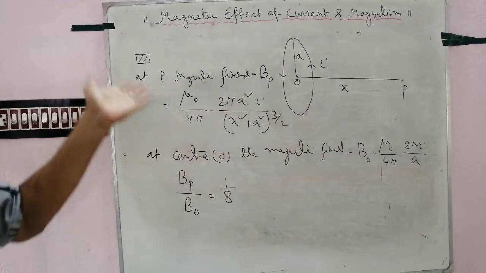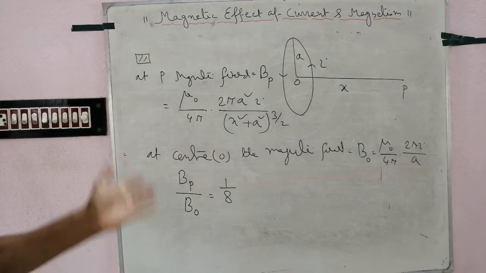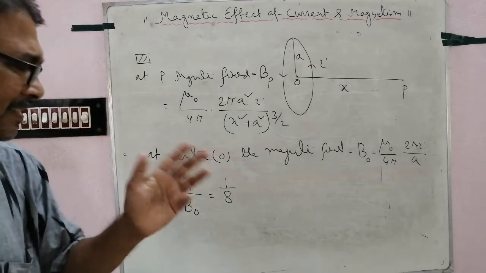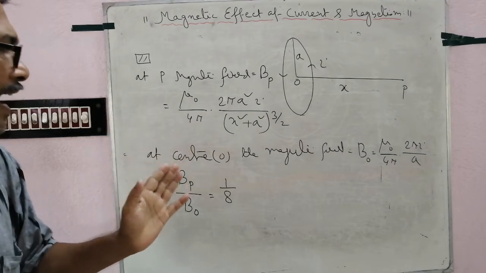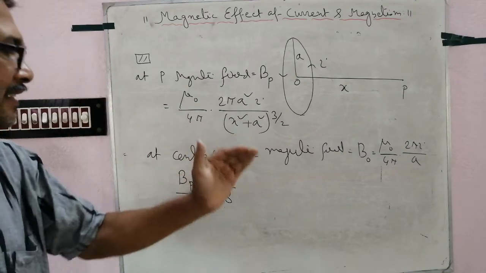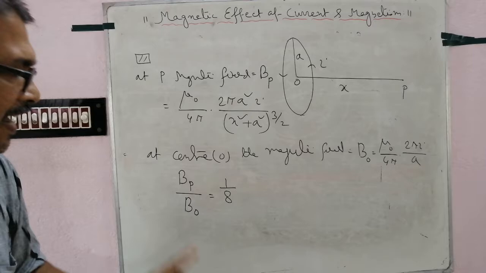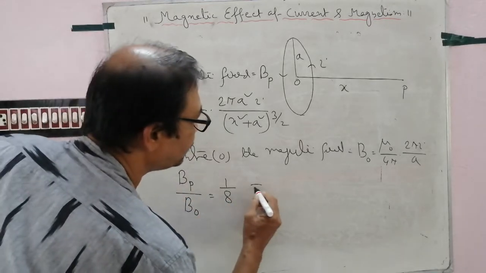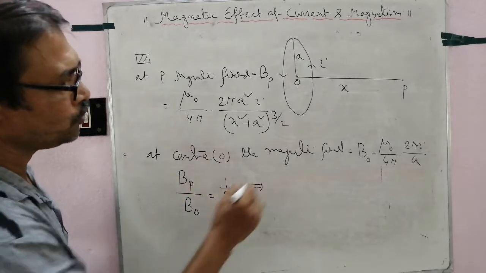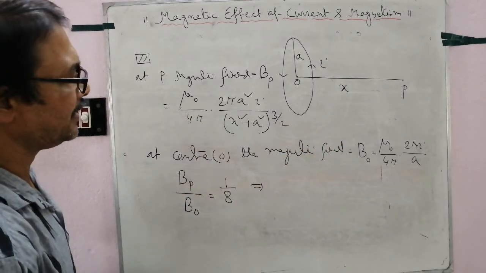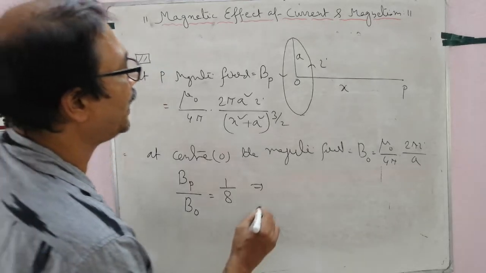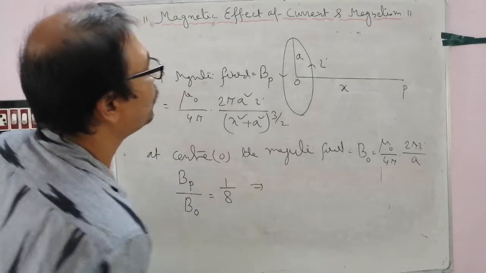Clear? The magnetic field in a circular coil of radius A, at a distance x and at the center, has the ratio 1:8. So what will be the value of x? Now putting the value of BP, mu naught cancels, 2 pi cancels, I cancels.